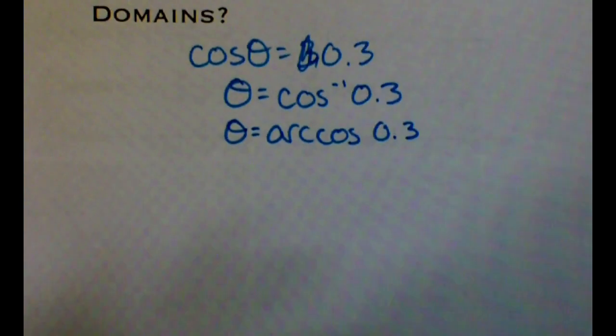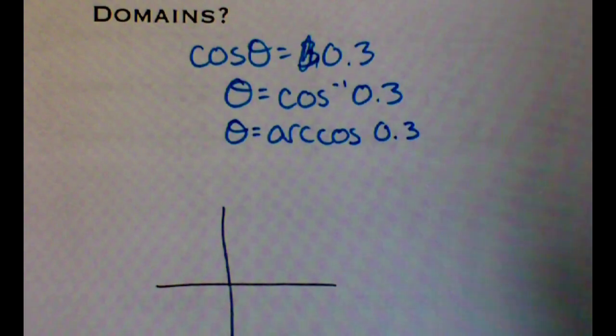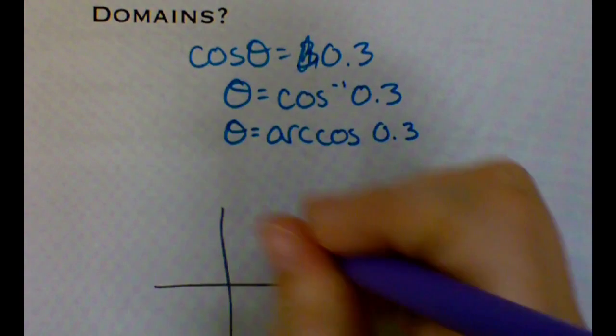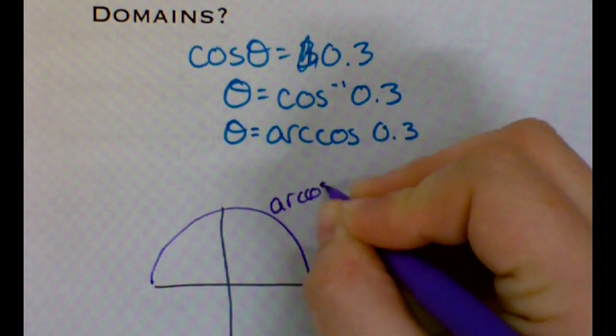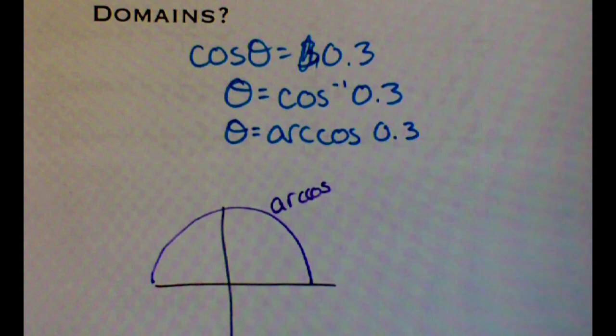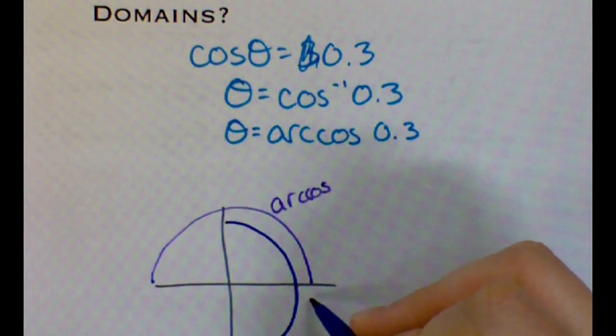The domains of these, remember, if you think about our unit circle, arc cosine is 0 to pi. Arc sine and arc tangent are negative pi over 2 to pi over 2.